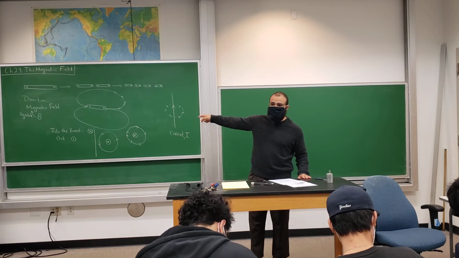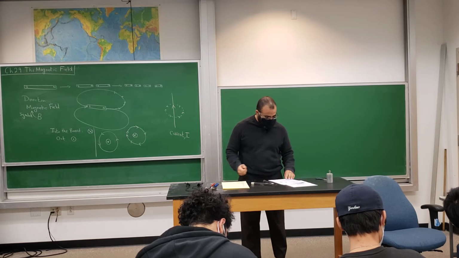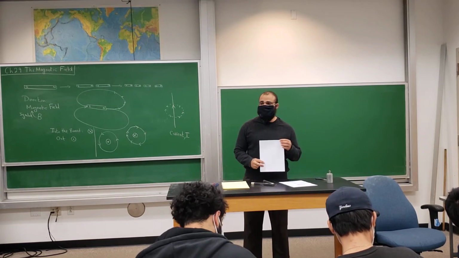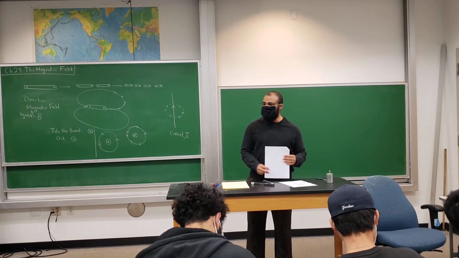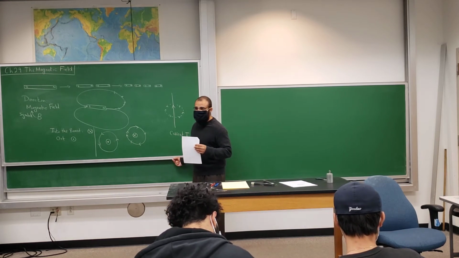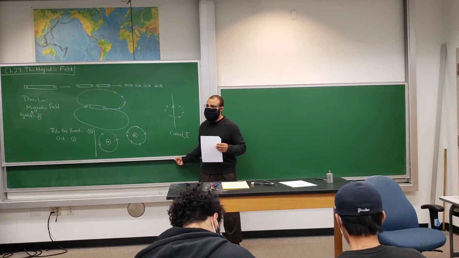So people figured that charges have to be moving to create a magnetic field. So the next topic is that moving charges create a magnetic field. They are the sources of the magnetic field. A moving charge will generate a magnetic field. Now, how strong is that magnetic field?